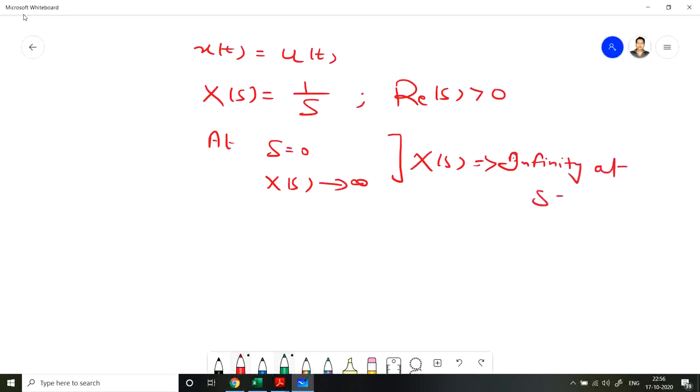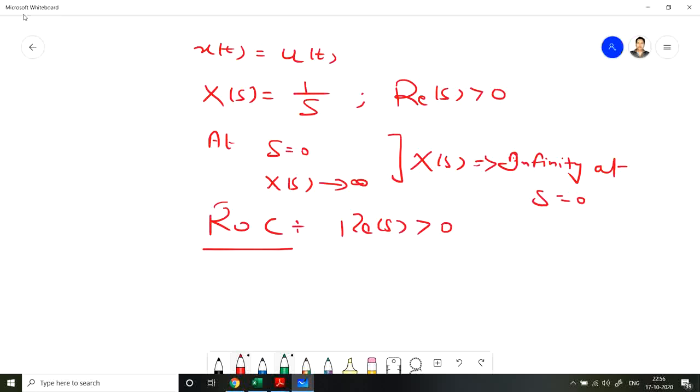So the ROC is real part of s greater than 0. So basically it is not defined at s equals to 0. The ROC is not possible at s equals to 0.